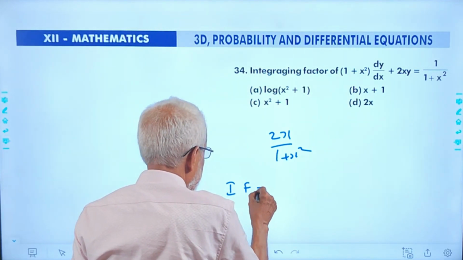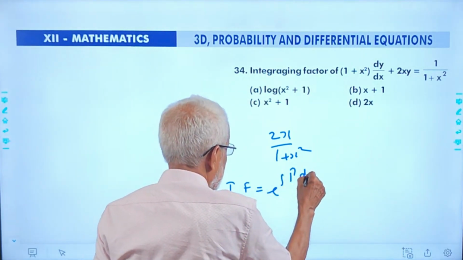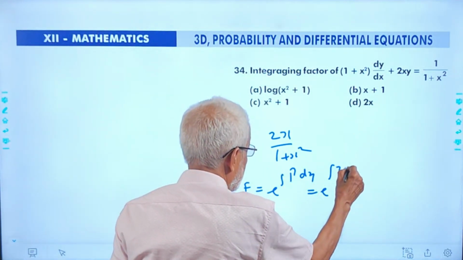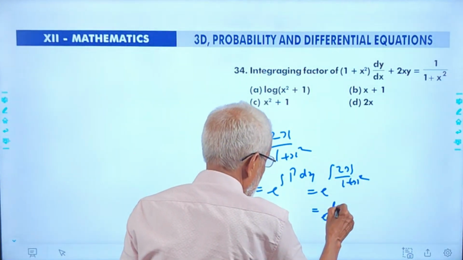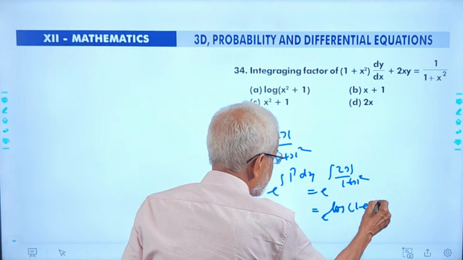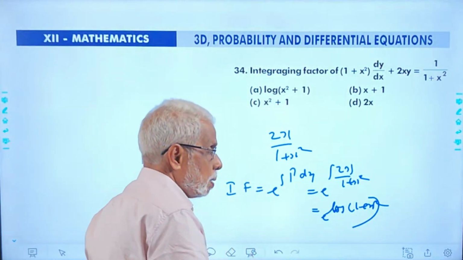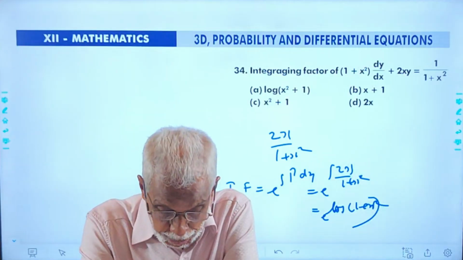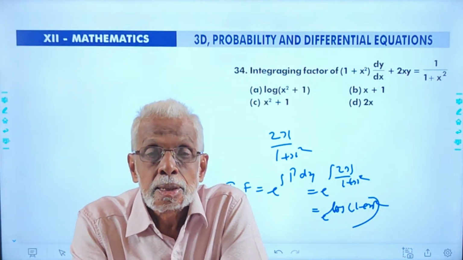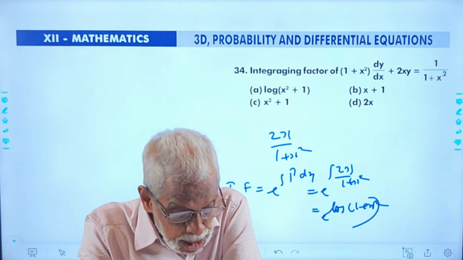Integrating factor is e raised to integral p dx, or e raised to integral 2x by 1 plus x square, e raised to log 1 plus x square. e raised to log f of x is always f of x. Therefore, integrating factor is x square plus 1. The correct choice is C.